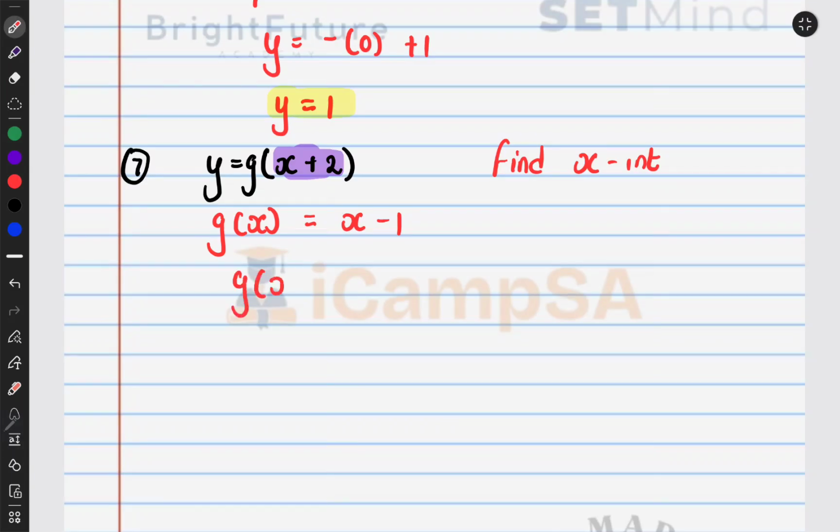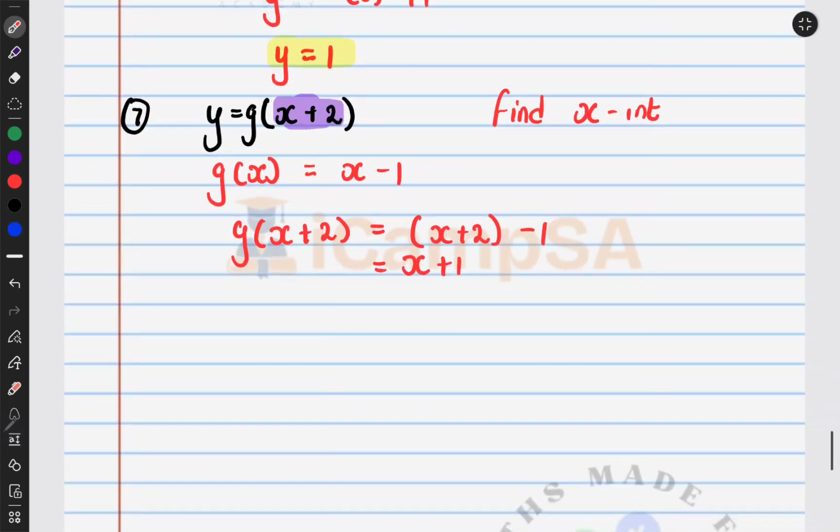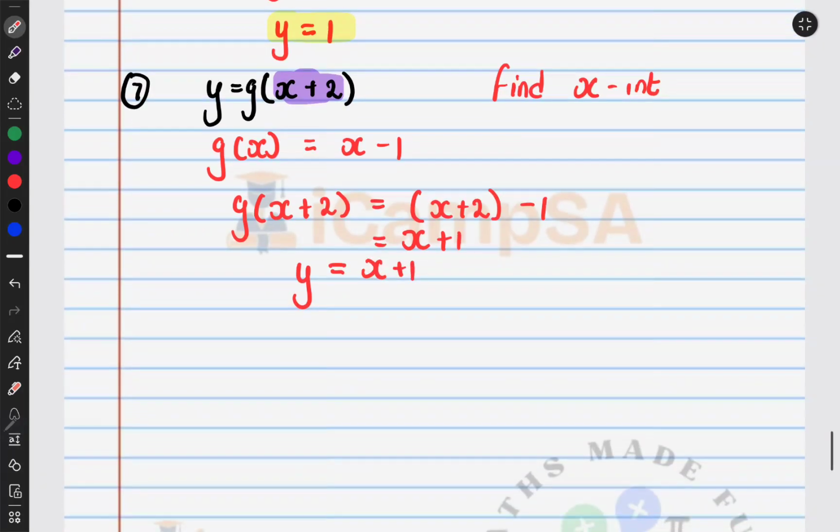So g at x plus 2 is equal to x plus 2 minus 1. Therefore this will be x plus 1. So the graph that we now have is y is equal to x plus 1.